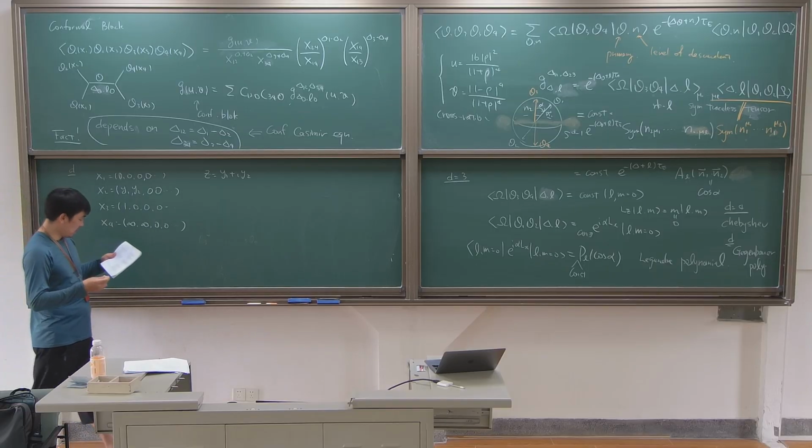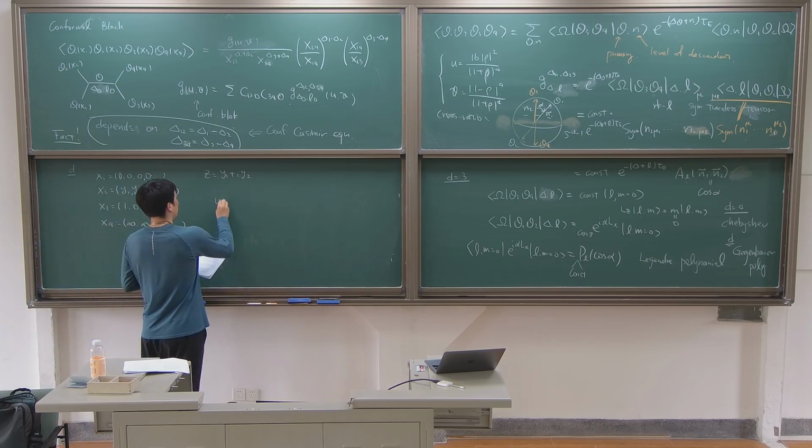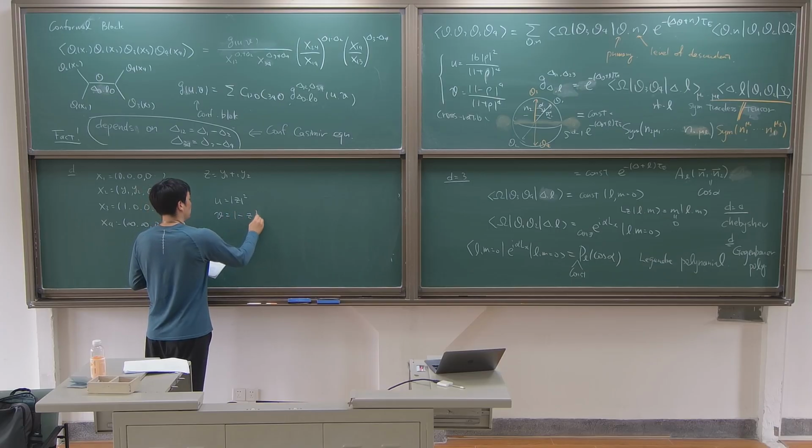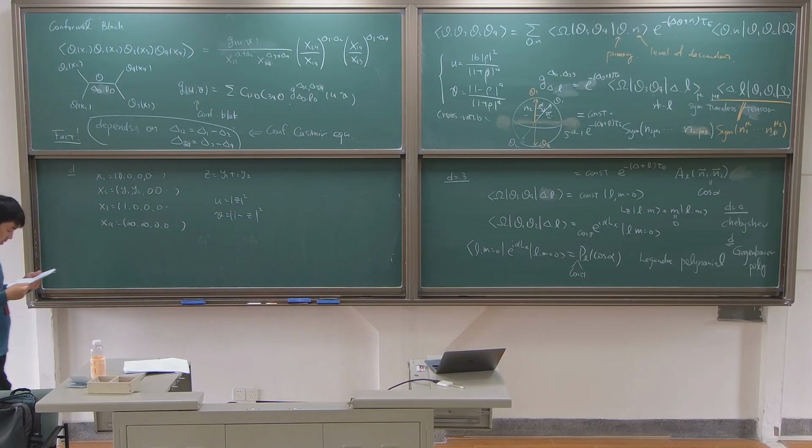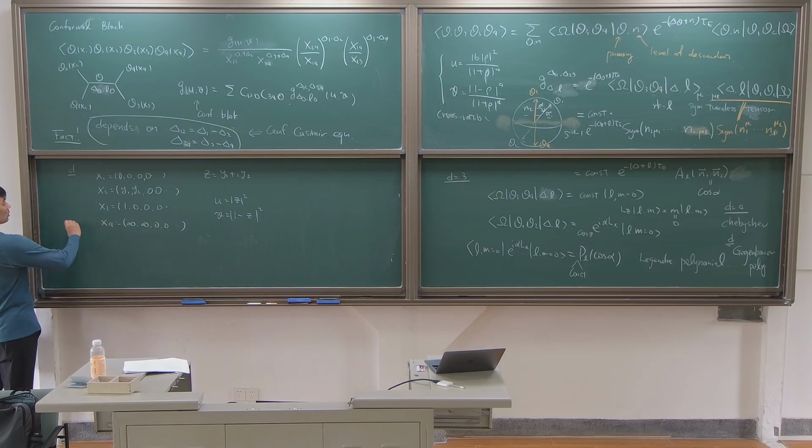So then the cross ratios will become u equal to z squared, and v equal to 1 minus z squared. I mean, this conformal transformation can always map to this.